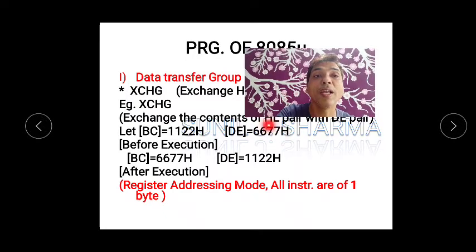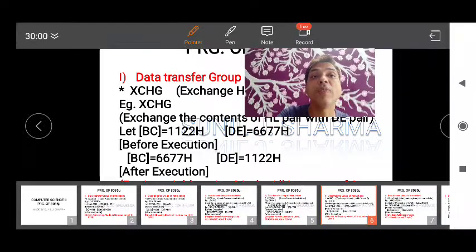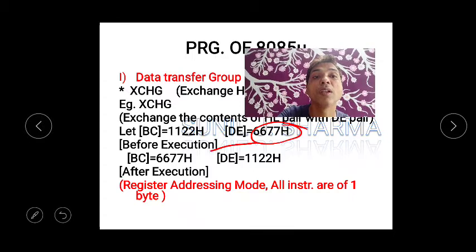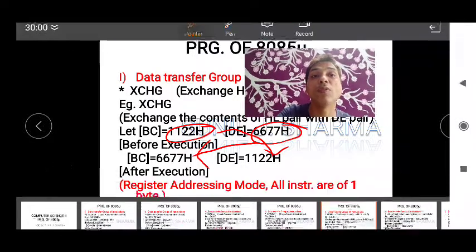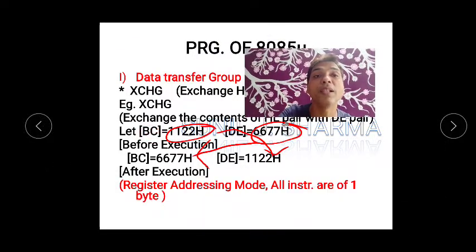Now what will happen? This value will be given to this pair, and this value will be given to this pair. So before, the value was with BC, and it is given to DE. This value was with DE, and it is given to the BC pair.